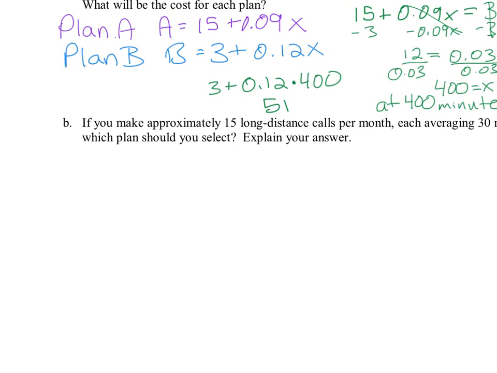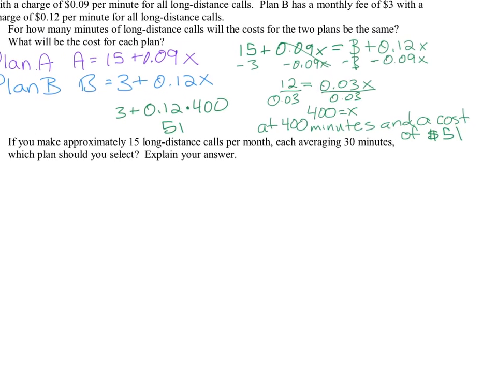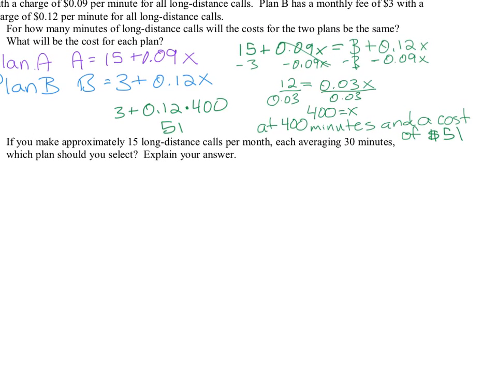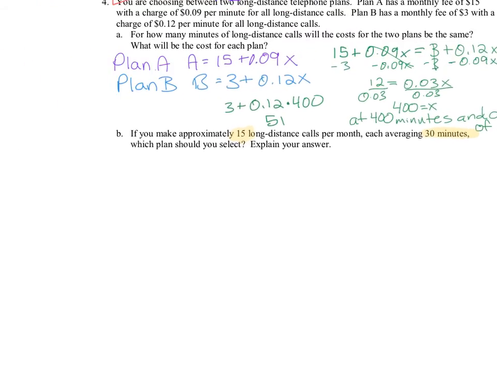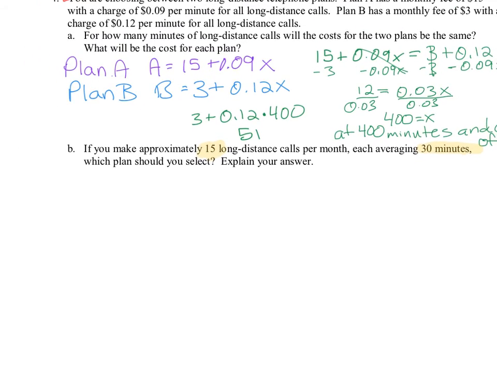Now, if you make approximately 15 long-distance calls per month, each averaging 30 minutes, which plan should you select? Okay, we're going to take our Plan A and Plan B equations and plug into them these new values. So Plan A would be 15.